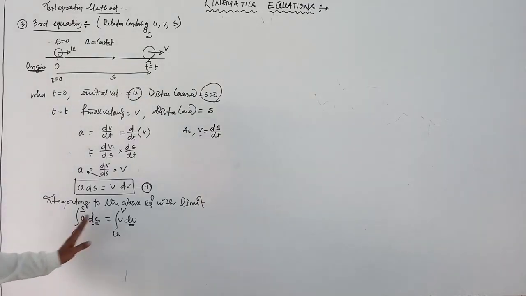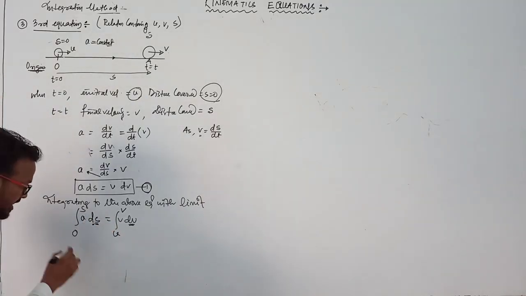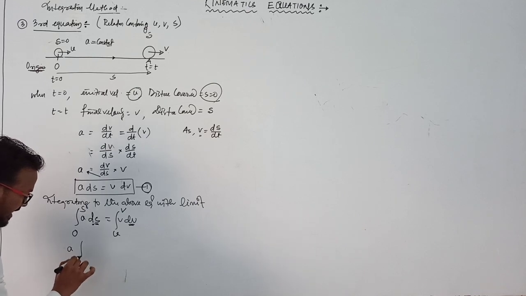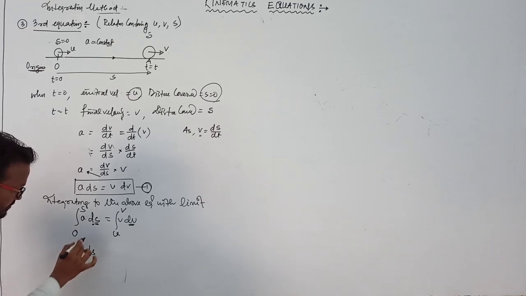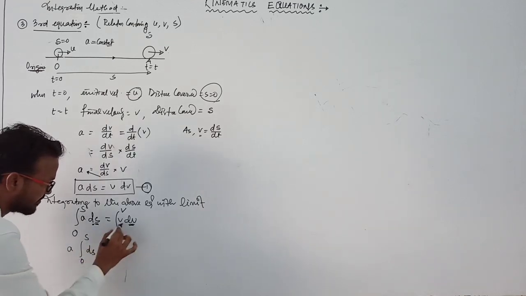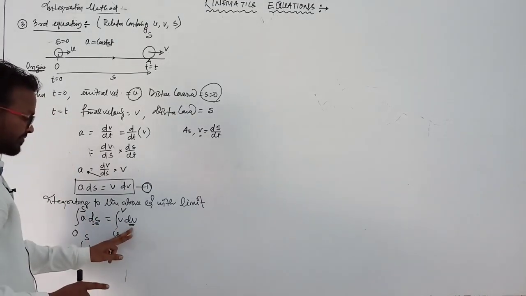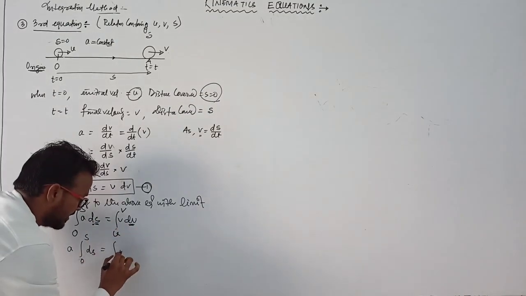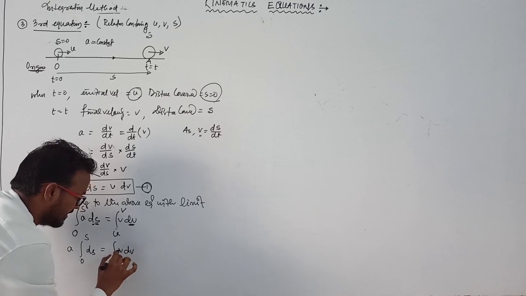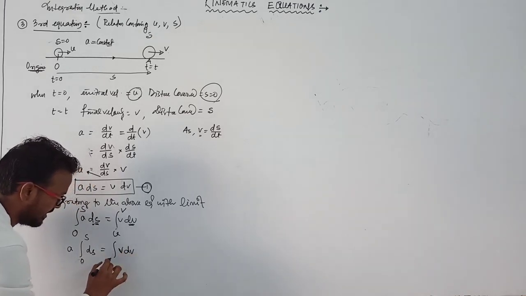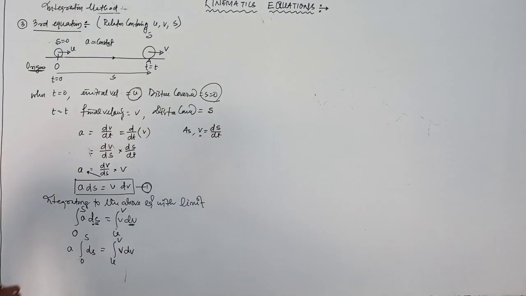In this way you can use the upper limit and lower limit. Clear? And what is a? a is a constant quantity, so you can write a integration over ds with limit 0 to s equals v dv, with limit initial velocity u to final velocity v.